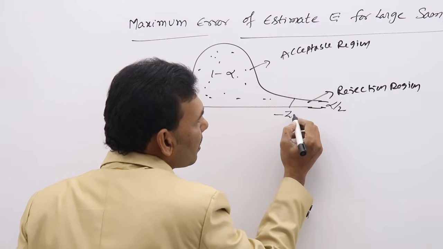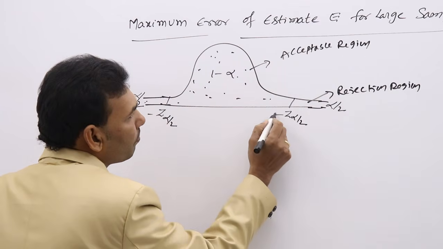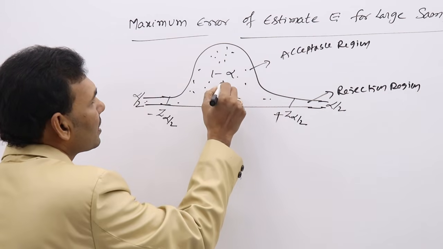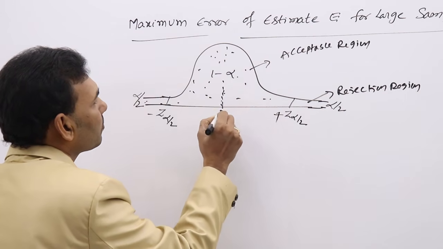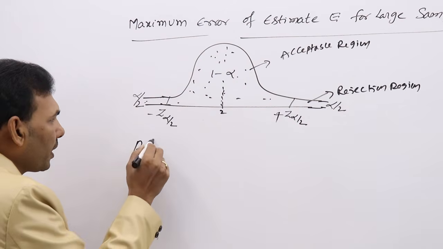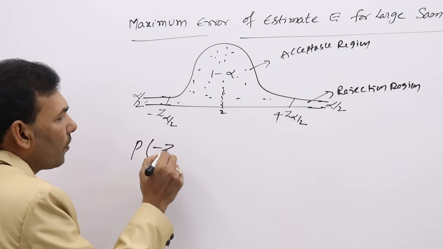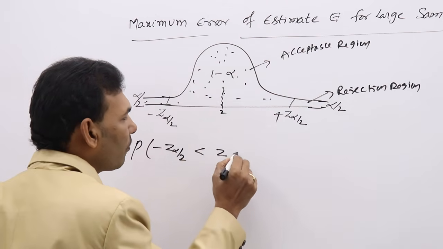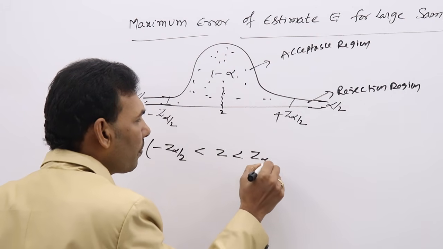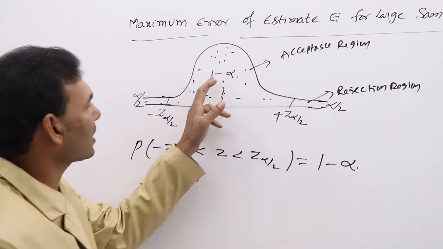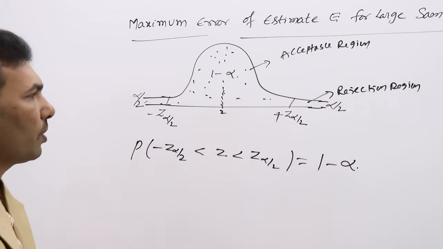This is plus z alpha by 2, plus because that is on the right side. This is the z line. Now, the probability of z between minus z alpha by 2 and plus z alpha by 2 is 1 minus alpha, that is the acceptable region, 1 minus alpha.